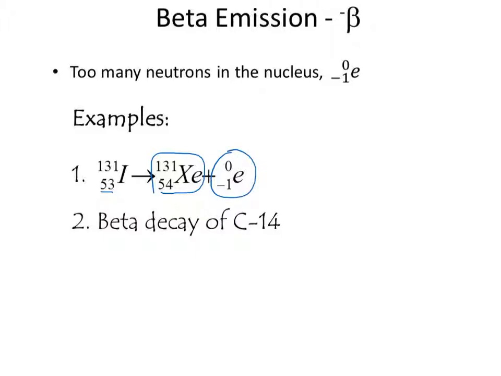The beta particle is always written as 0, -1, and an e. There is another way you'll see it written: sometimes it's written 0, -1, beta. They are the same, but in this tutorial, we're going to be consistent with this type of writing for the beta particle. So let's go ahead and talk about the beta decay of carbon-14.